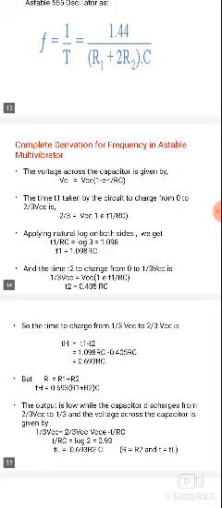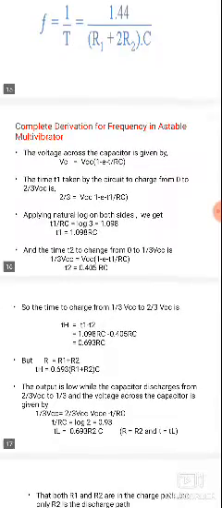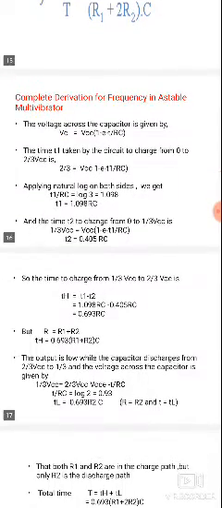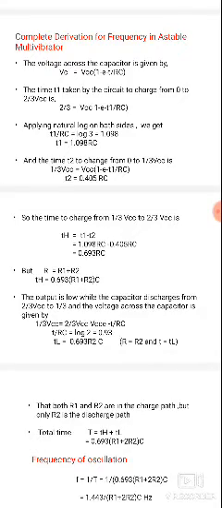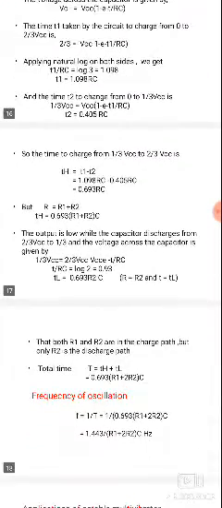Next, how do we get the 0.693? This is the complete derivation, which is optional for the astable multivibrator. I am only going to explain how we get 0.693, and how we get 2 by 3 VCC and 1 by 3 VCC. This is the derivation part. Here the voltages are 2 by 3 VCC and 1 by 3 VCC. The charging time TH is T1 minus T2.